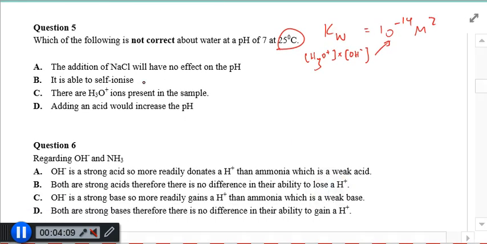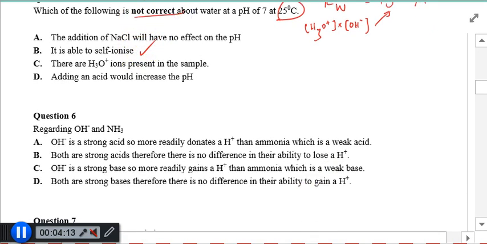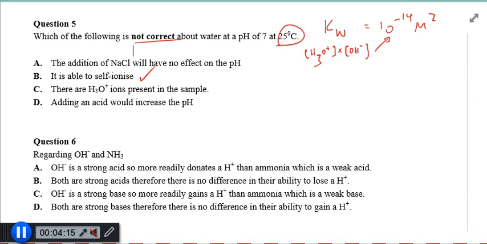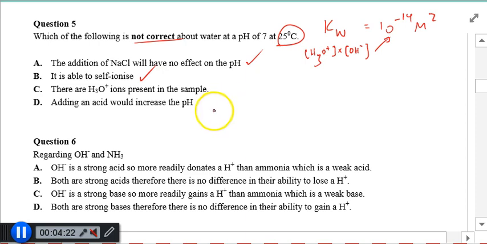So it is able to self-ionize, that's correct. So we're looking for the not correct answer. The addition of NaCl will have no effect on the pH. I'm pretty sure salts don't have any effect on pH, so that's correct. There are H3O plus ions present in the sample. That is correct. And adding an acid would increase the pH is incorrect.